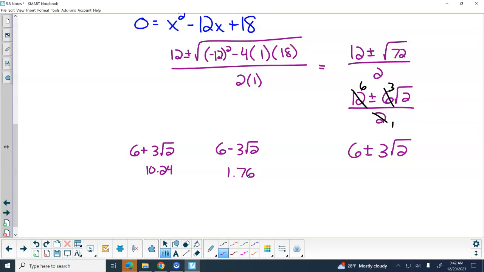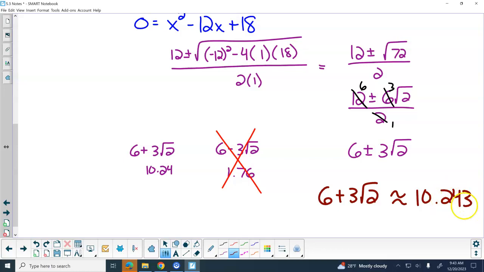So that one doesn't work. So my only answer here is 6 plus 3 square roots of 2. Or I would also accept 10.243, because we'll typically round to 3 places.